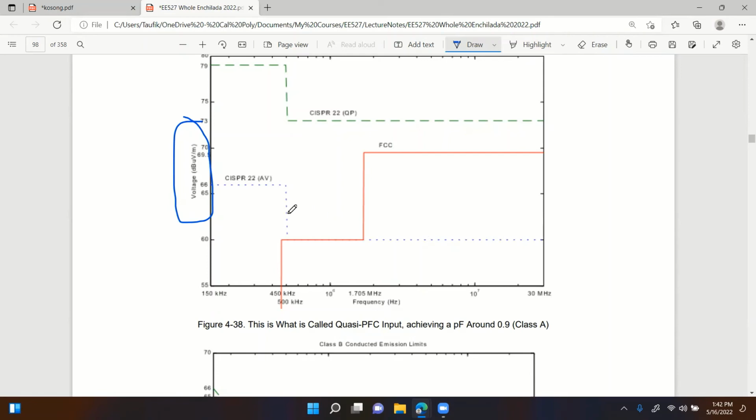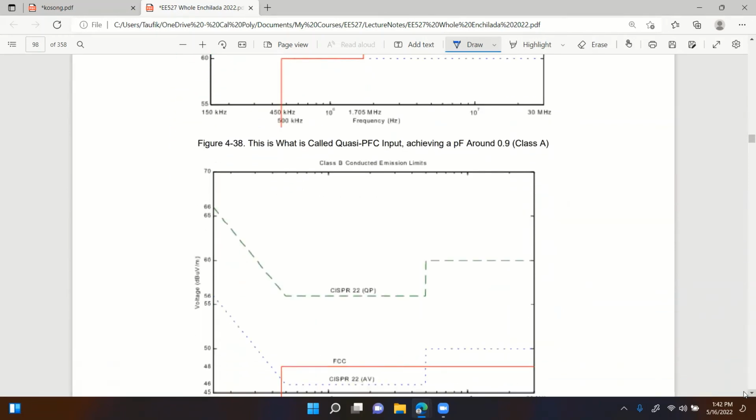So you can see the blue is more restrictive than the green. And FCC is more relaxed on the higher frequencies compared to the European counterpart, but it's actually more stringent than this one, which is also a European standard.